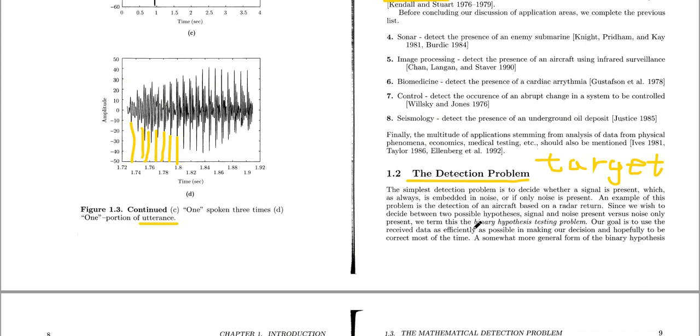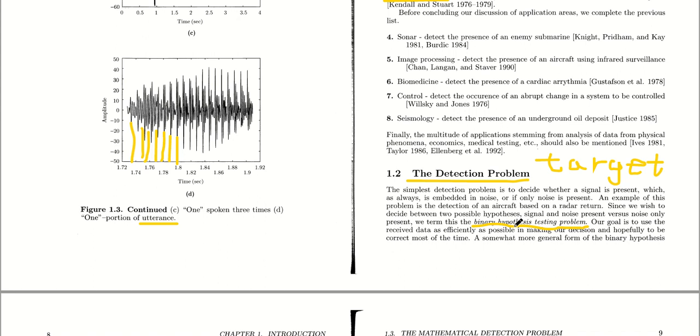So we turn this into a binary hypothesis test. How come it's binary? Because we just imagine there are two hypotheses. One is the target is present, and the other hypothesis is the target is not present.